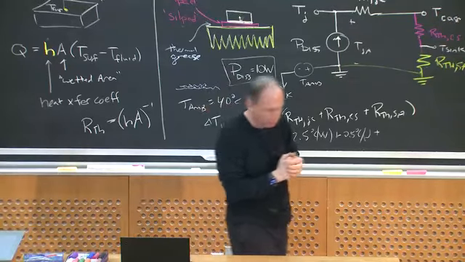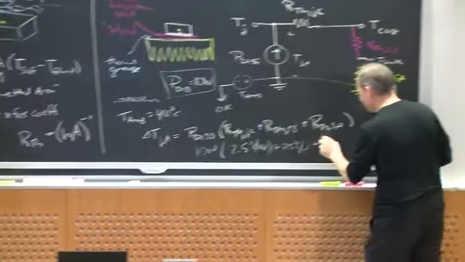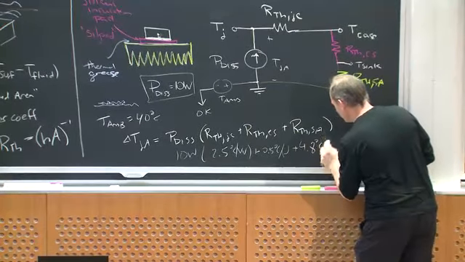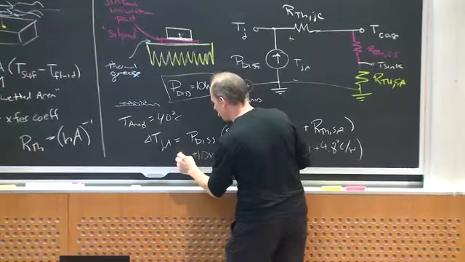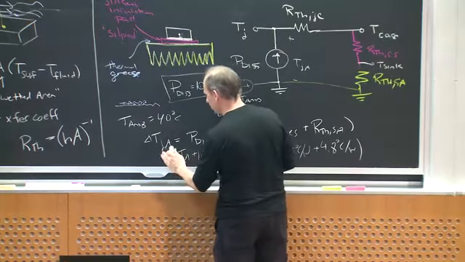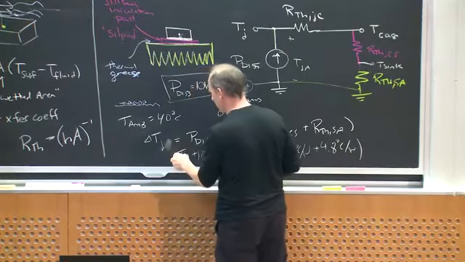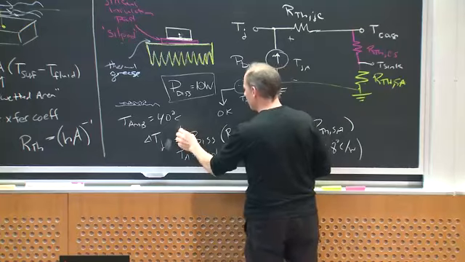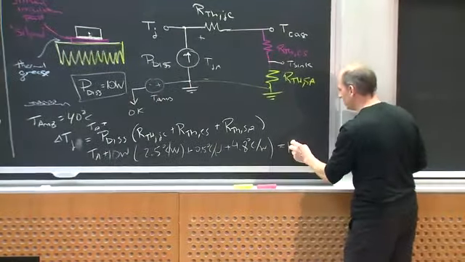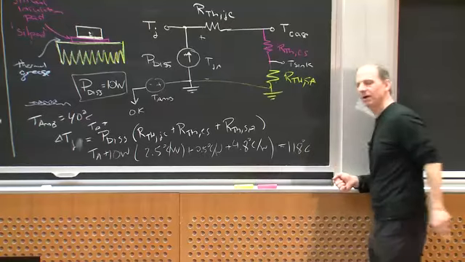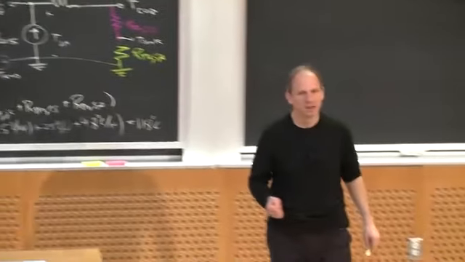That is 4.8 degrees C per watt, right? T junction would be T ambient plus this stuff, which would give me 118 degrees C, and maybe I'd be a happy guy, right?